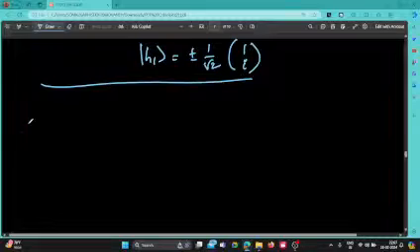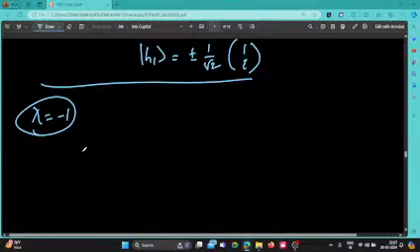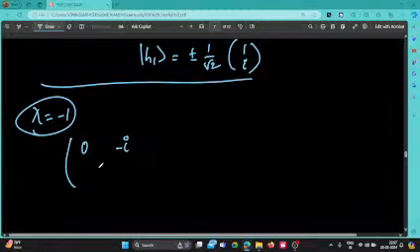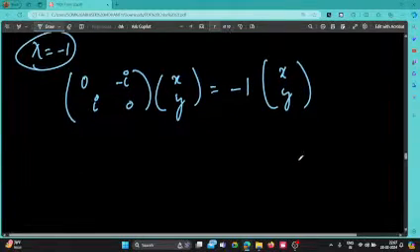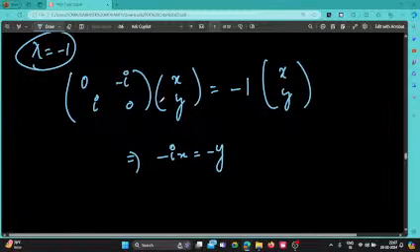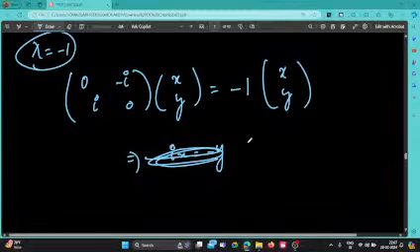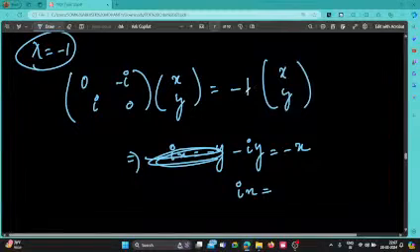Another vector comes from the eigenvalue lambda equal to minus 1. Doing the same thing, (0, -i; i, 0) times (x, y) equals minus (x, y), so minus i y equals minus x, and i x equals minus y.